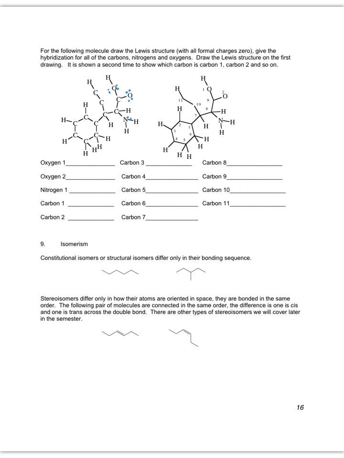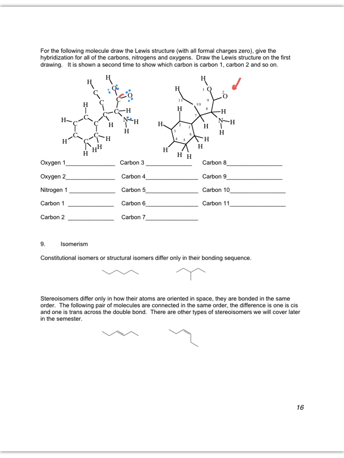So this oxygen, the top oxygen, oxygen number 1, has 2 bonds, 2 lone pairs. It's good. Oxygen number 2, this one here, has 1 bond and 2 lone pairs, so it needs a double bond. And then carbon 9 is good because it has 4 bonds.